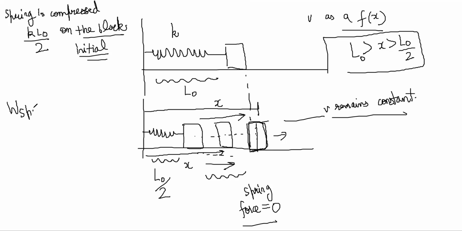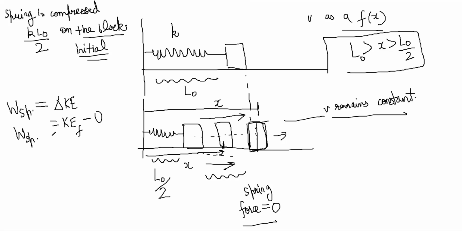Normal force cannot do work because it is perpendicular to the direction of motion. So work done by spring is change in kinetic energy, which is kinetic energy final, which is what we need to find at this moment, minus initial, which was 0. So work done by spring is equal to kinetic energy final.